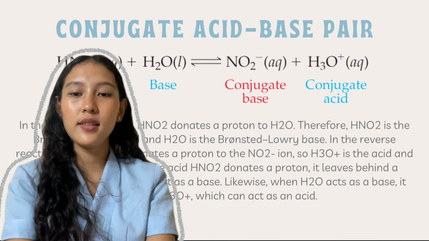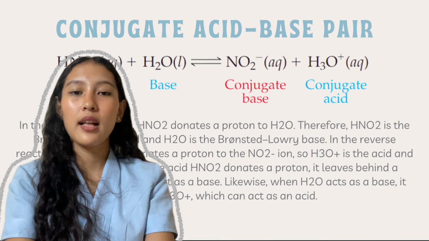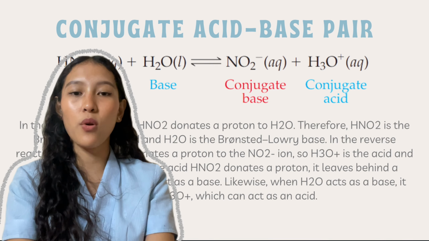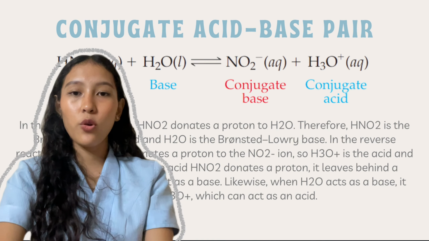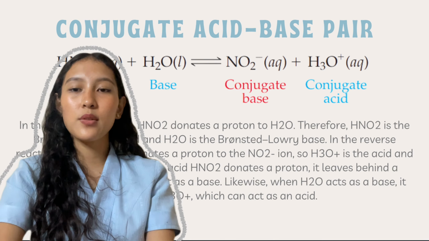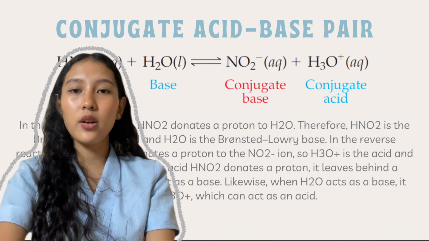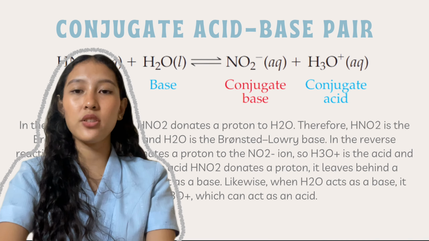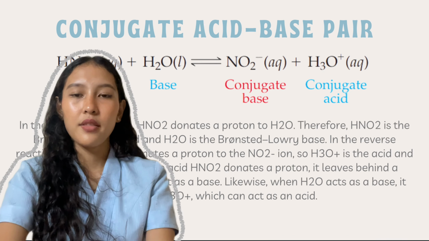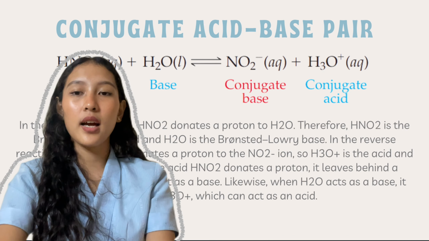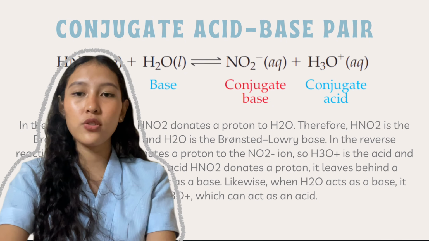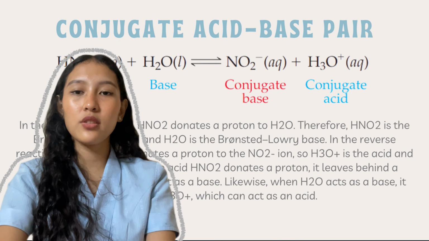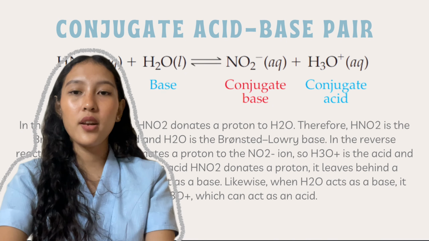In this case, HNO2 is the Bronsted-Lowry acid because it donates the proton to the Bronsted-Lowry base that accepts the proton, which is the water, H2O. When HNO2 donates a proton, it transforms into a nitrite ion, NO2 negative, while water becomes hydronium ion, H3O positive. The reaction can be summarized as HNO2 plus H2O yields H3O positive plus NO2 negative.